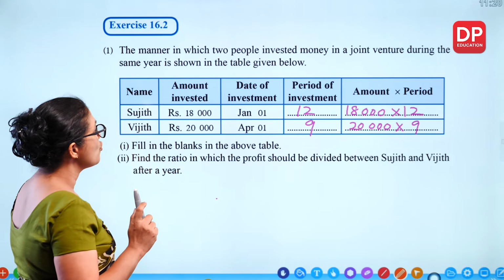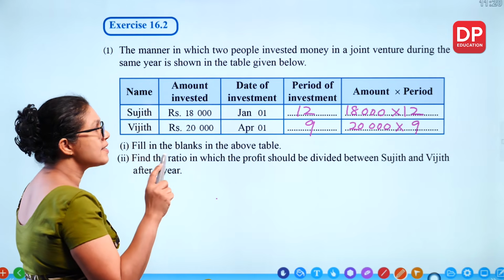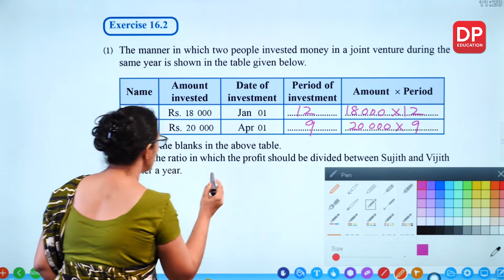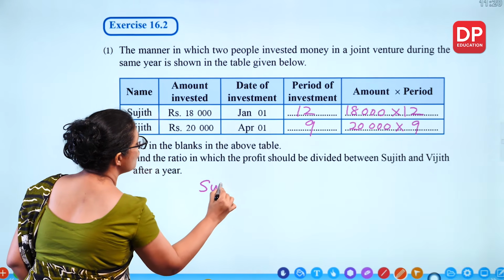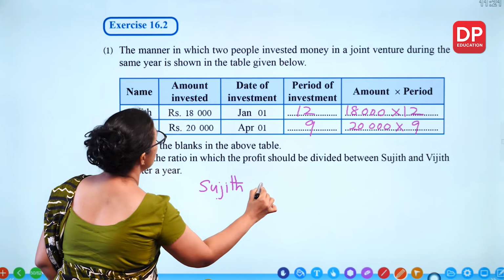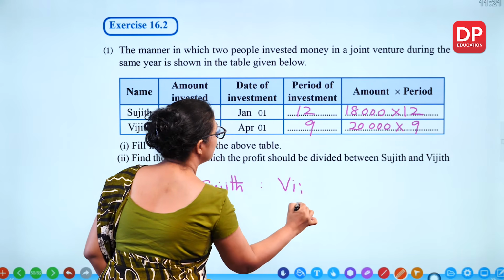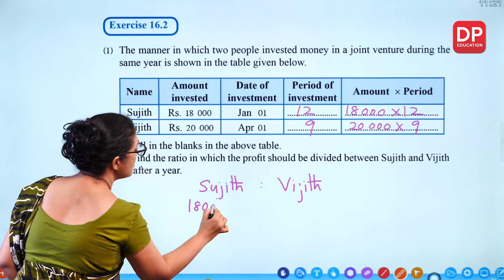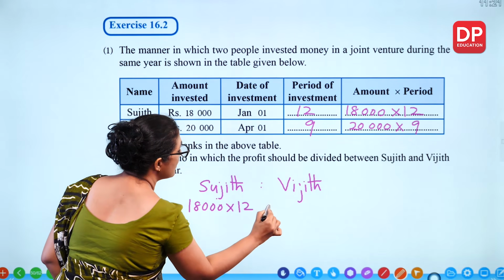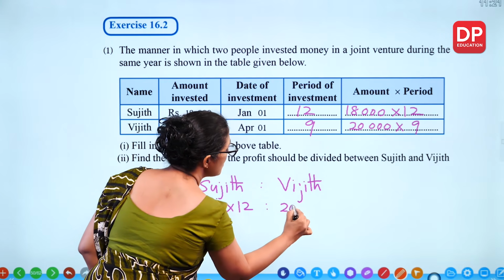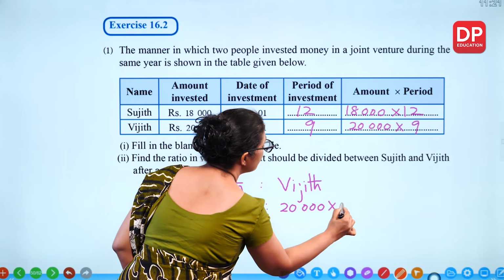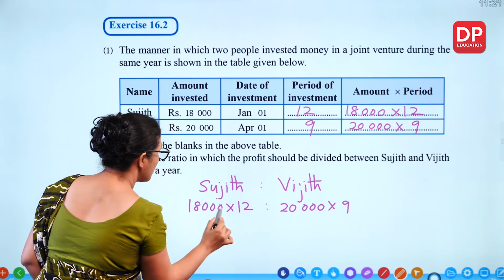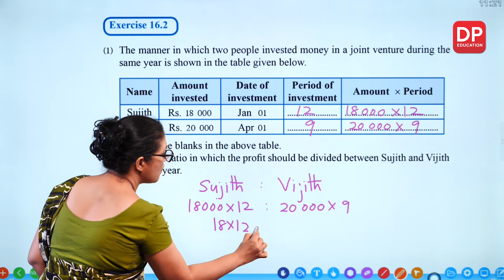So what's the ratio? So you have to think about amount invested and the period. You can do the ratio between Sujit and Vijit. This is 18,000 into 12. And this one 20,000 into 9. Divide by 1,000. You get 18 here and 12.